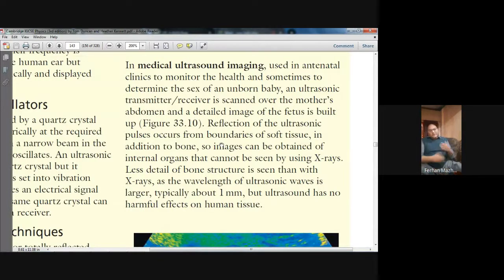So in medical, ultrasound imaging is used in antenatal clinics to monitor the health and sometimes to determine the sex of an unborn baby. An ultrasonic transmitter and receiver is scanned over the mother's abdomen, and a detailed image of the fetus is built up. The figure is also shown here.